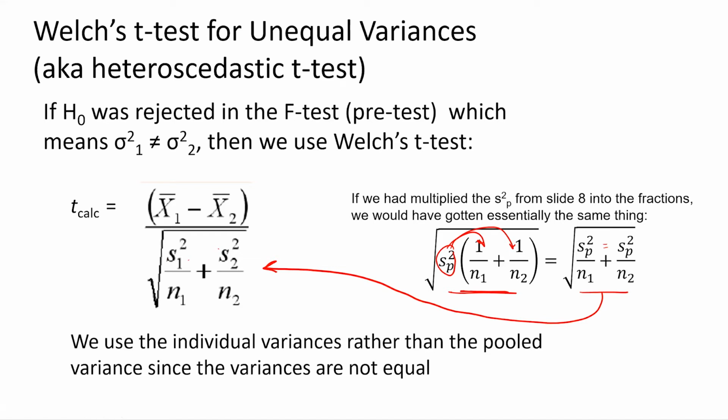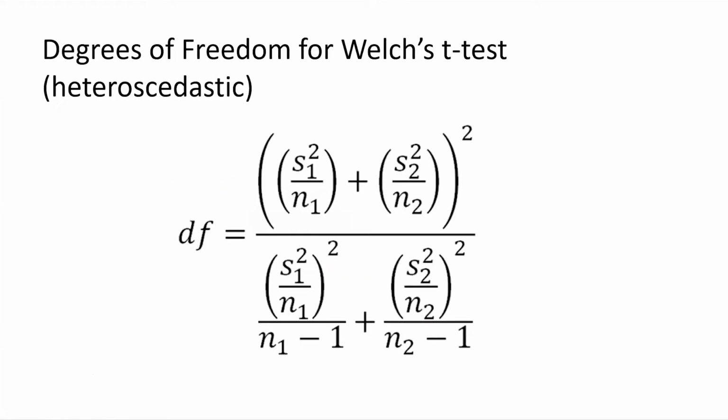So these equations look scary. They're not that bad. We use the individual variances rather than the pooled variances since they're not equal. The degrees of freedom for a Welch's t-test looks a little crazy, so let's just walk through this really quick.